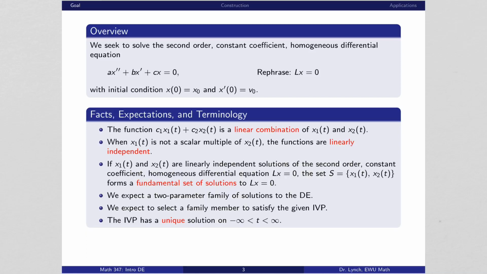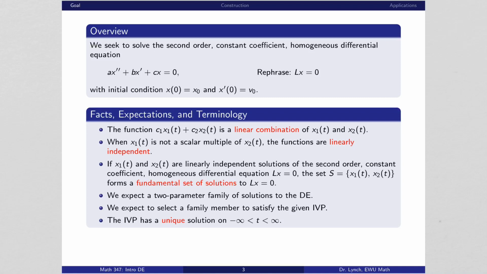This is a special combination of x1 and x2. Here's a little bit of terminology. The function c1x1 + c2x2 is called a linear combination of x1 and x2, as those with linear algebra are familiar with. Another bit of terminology from linear algebra is linear independence.